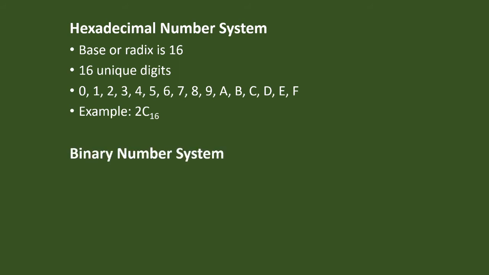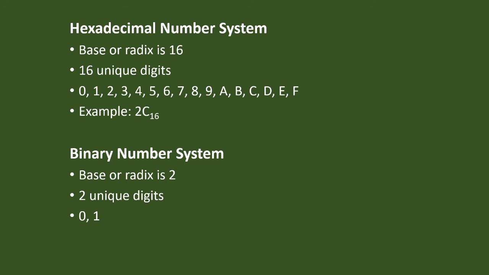Another example of a number system is the computer language, machine language. It is the binary number system. From the prefix bi, it means the base or the radix is 2, and there are 2 unique digits. These digits are 0 and 1.